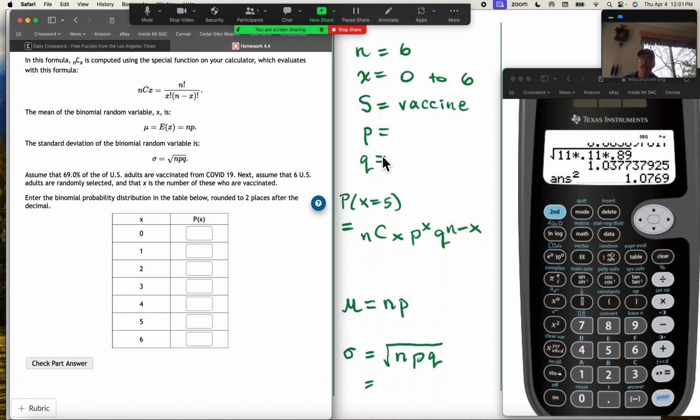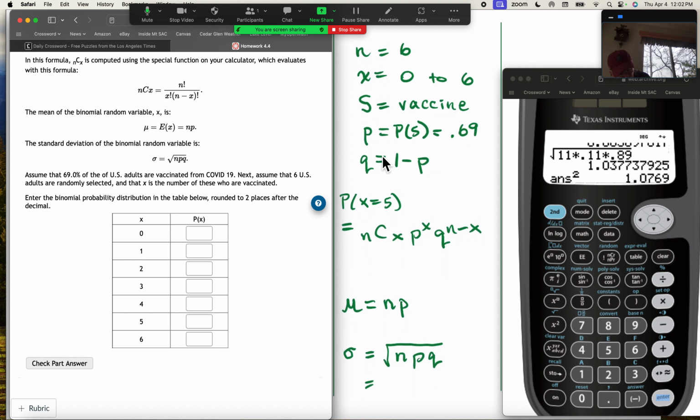Okay, again, little p is the probability of a success. So success is being vaccinated, and 69% of us are vaccinated theoretically. And so that's the probability, little p, probability of success. Q is 1 minus p.